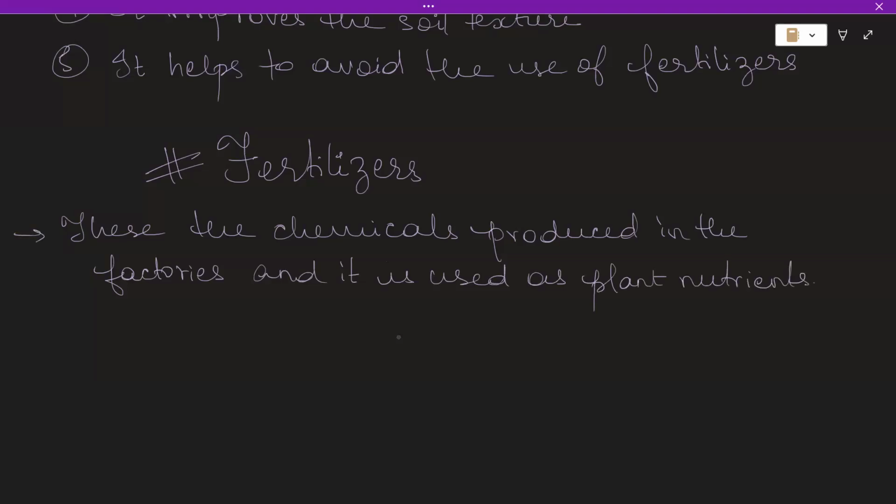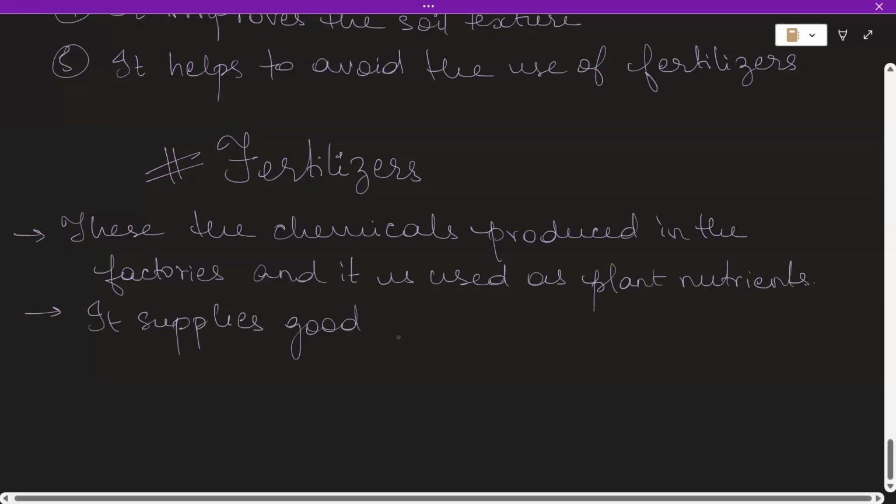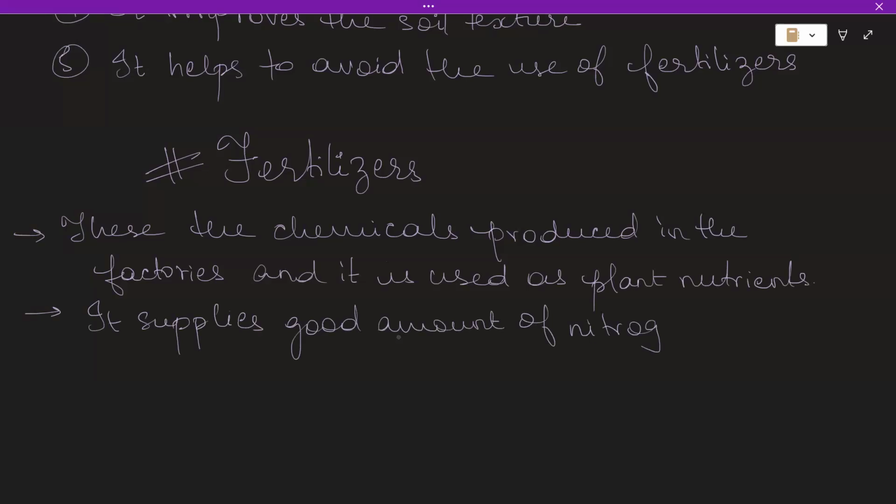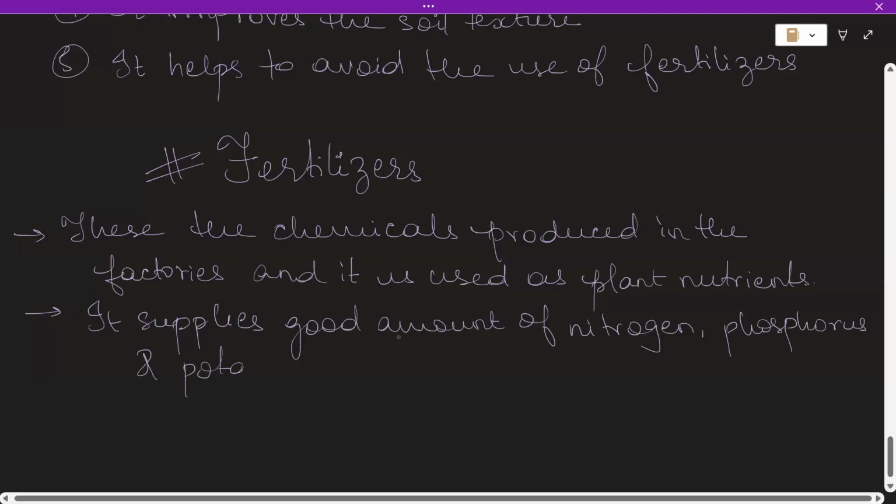Now, what does it supply? It supplies nitrogen, phosphorus, potassium to the plant, a good amount of nitrogen, phosphorus, all the essential nutrients that the plant might need. All of these are mentioned right in front of you.